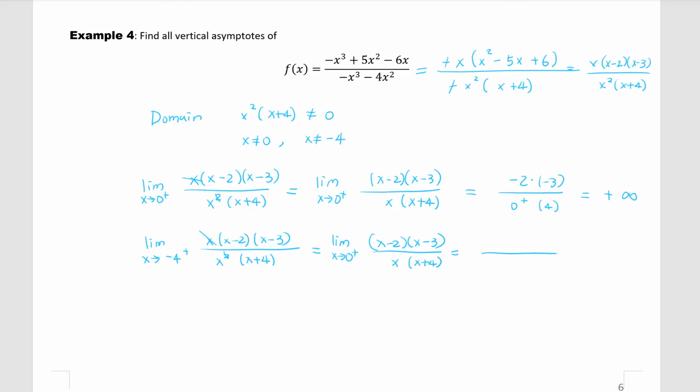Alright, so when we plug in negative 4, negative 4 minus 2 is negative 6, negative 4 minus 3 is negative 7, and x plus 4 here is 0 plus. Three negatives give us negative. So we have negative infinity.